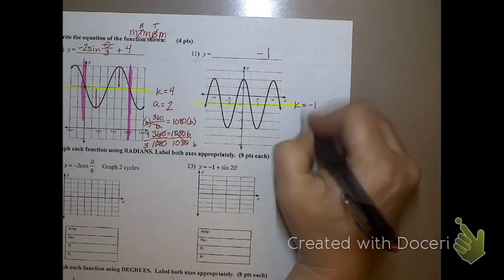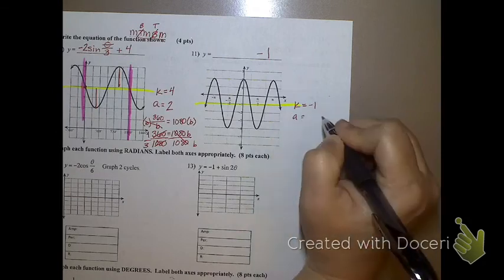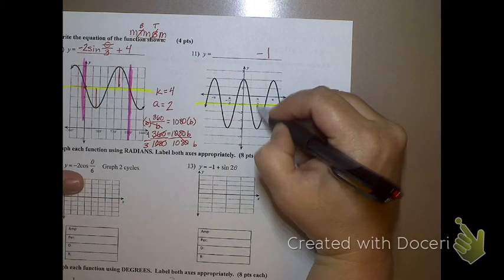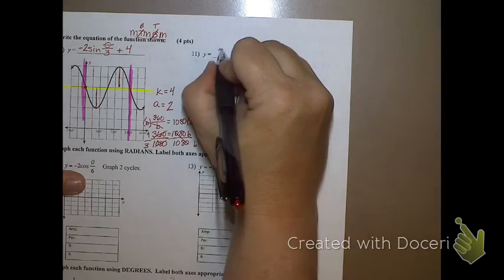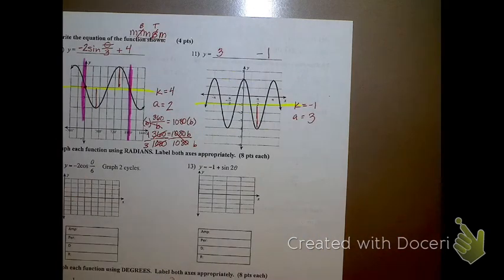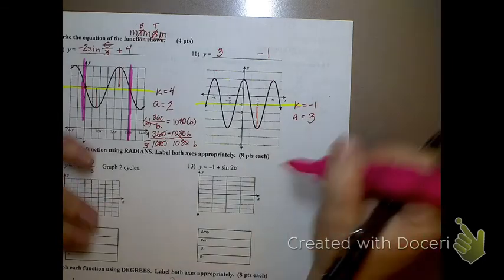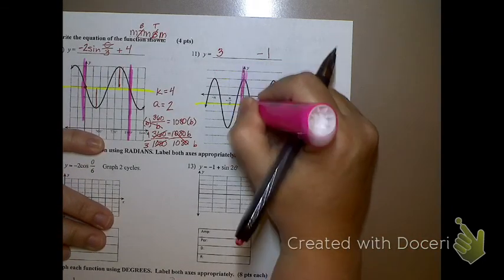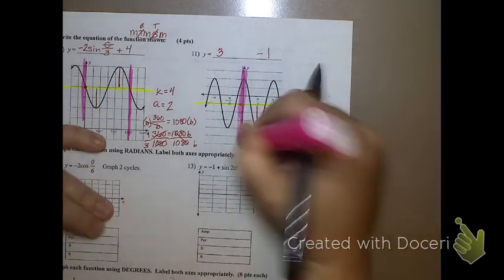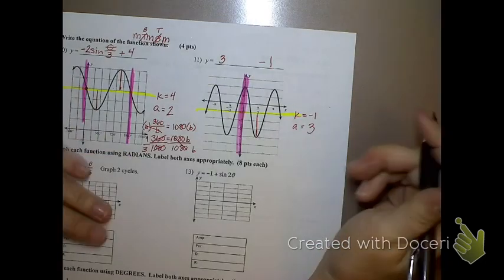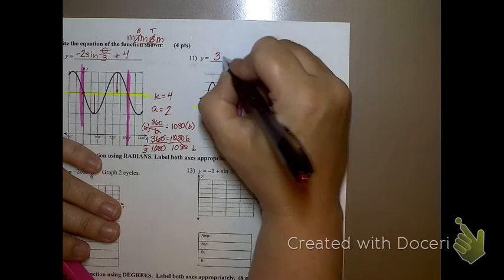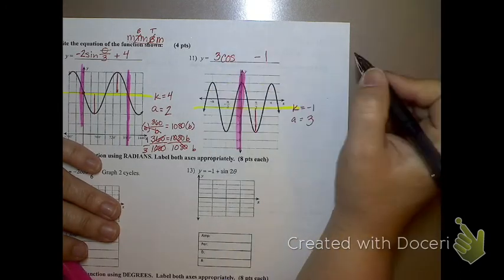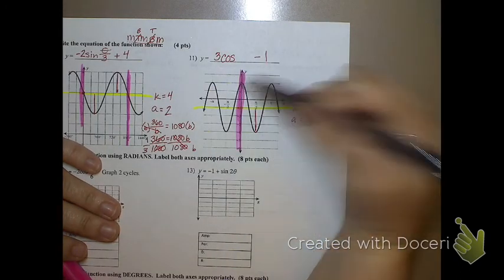Okay. All right, let's look at this guy. What's my amplitude? How high is it going or how low is it going? 3. So I have a 3 out in front. I'll decide in a minute if it's positive or negative. Where do I start looking for the period? At the y-axis. Is this sine or cosine? Cosine, why? Because it starts at the top.